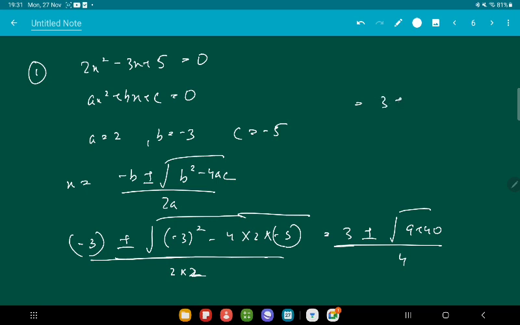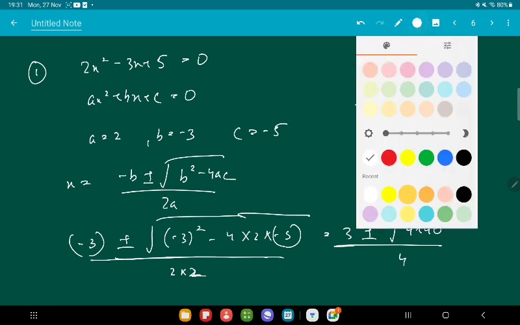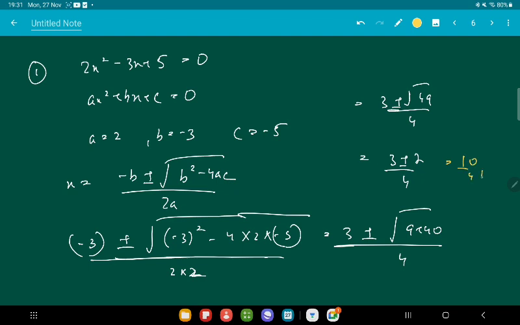Once you resolve this, you will get 3 plus minus under root 49 by 4. This will be plus minus 7 by 4, and you will get your answers as 10 by 4 and minus 4 by 4, which will be equal to 5 by 2 and minus 1. This will be the final answer. So 5 by 2 and minus 1 are the roots.